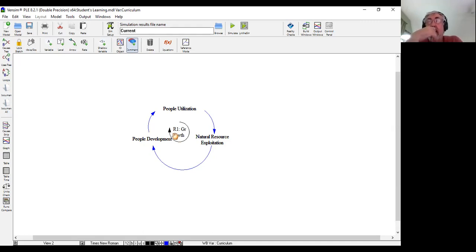But I know that one of the aspects that is also very important to the conversation is unemployment. Utilization affects unemployment, and unemployment affects utilization. So this is the second loop.